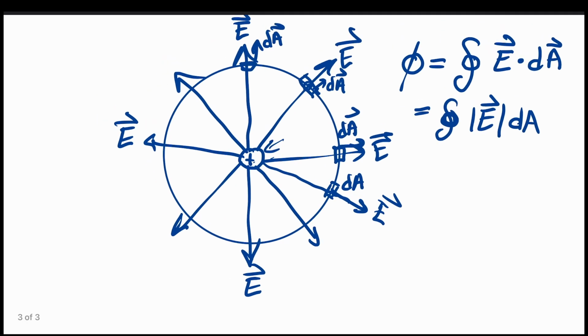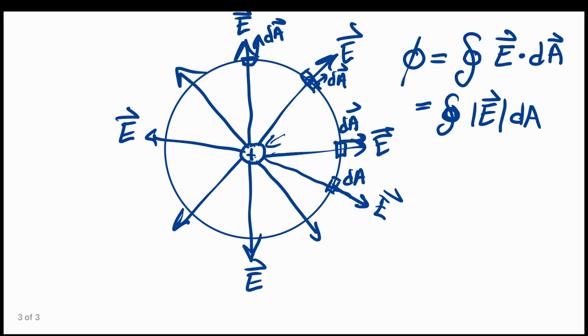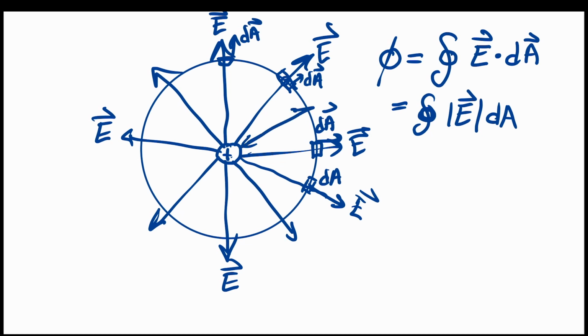Okay, so now what can we do? What is the electric field at the surface? Well, that sphere has a radius, let's say, of r. And of course, I want to clarify here that the magnitude of the vector dA is defined as dA.